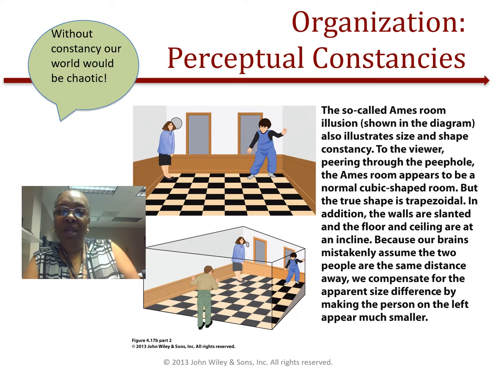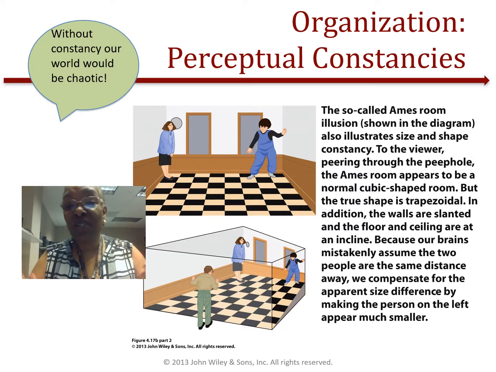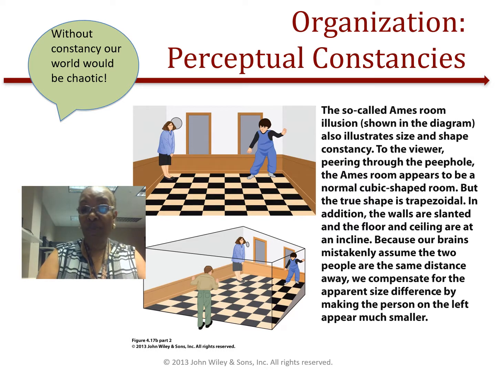We have to remember that perceptual constancy is the tendency for the environment to be perceived as remaining the same, even when there are changes in our sensory input. So in this illustration, although we know that child is smaller than the adult, the illusion allows us to see them differently. But our brain knows, even though it's seeing a difference, that it is an illusion.